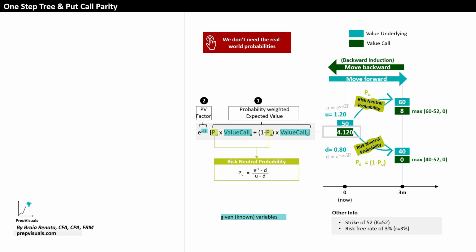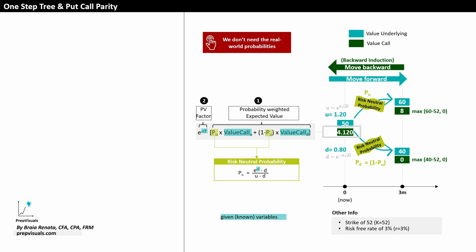And basically, what I want you to understand at this stage is that we have all the necessary inputs to calculate this risk-neutral probability. And this is because, as you can observe, this component over here is the risk-free rate, which we are given to be 3%.